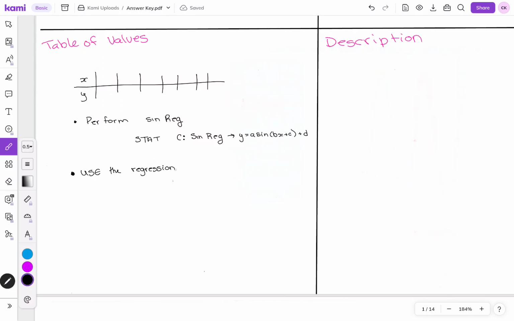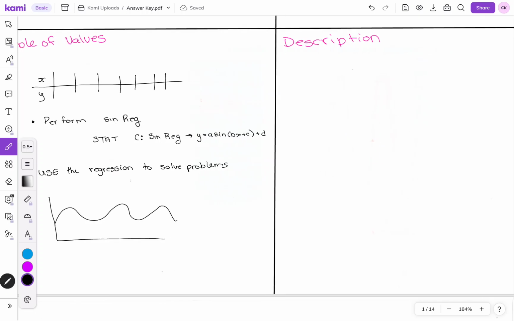So in the one where we were trying to find the percent of time below 66 degrees Fahrenheit, you were trying to use the table to find it. We need to use the regression to solve the problems. So you would want to graph it, and you would want to find the information from the graph. Okay.